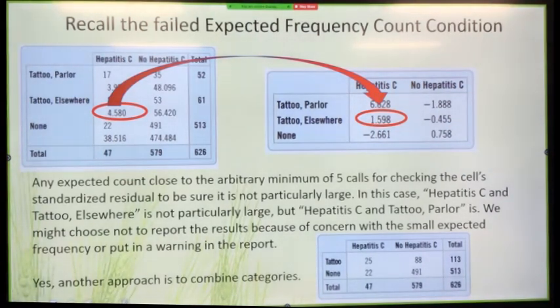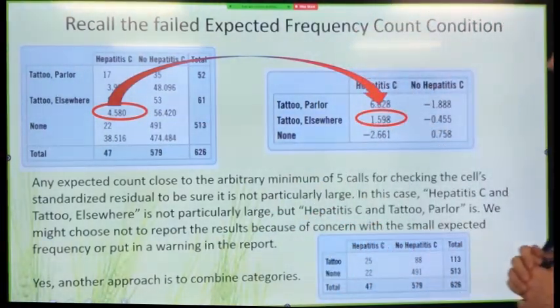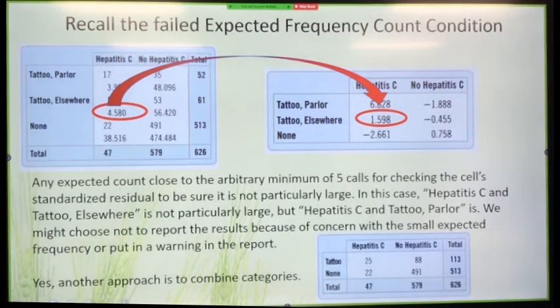So what would we do? Well, we might choose not to report the results because of concern with the small expected frequency, because it didn't pass that condition, so we just throw it away. Or we could put in a warning report. So in my conclusion, I just want to make clear that this did not pass that particular condition. So take the results as you will. Or a better approach would be to combine our categories.